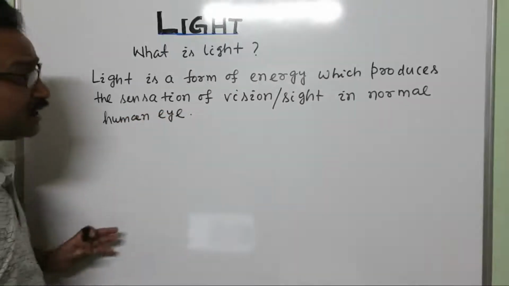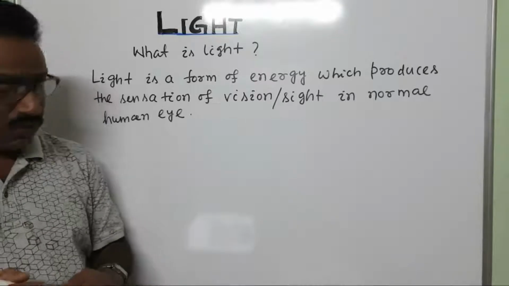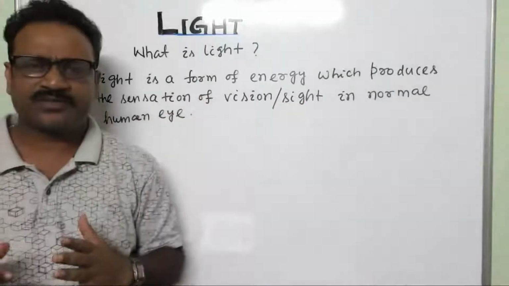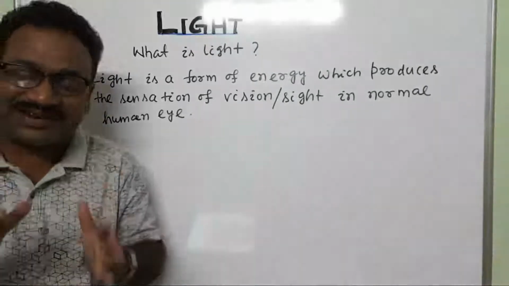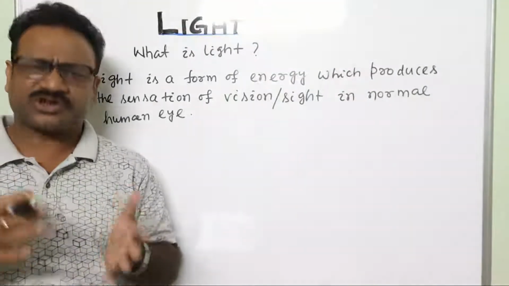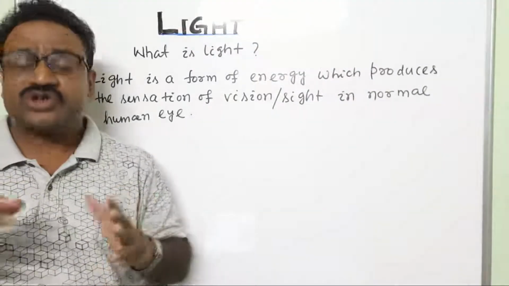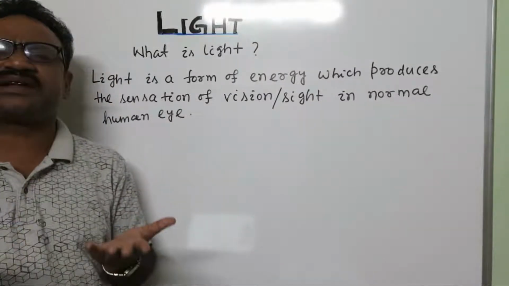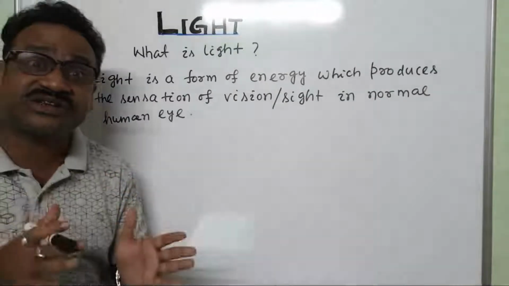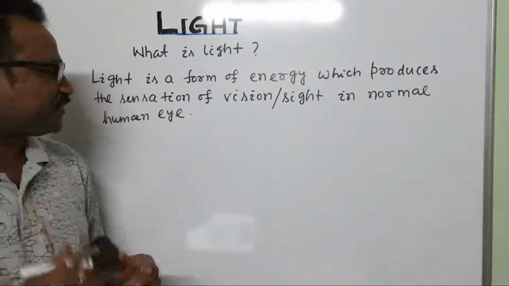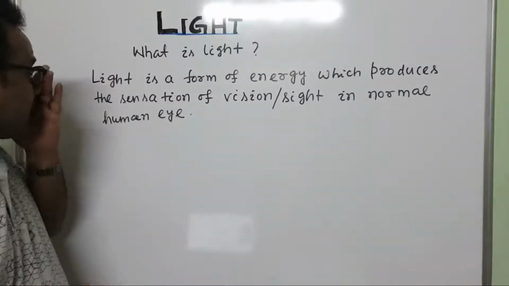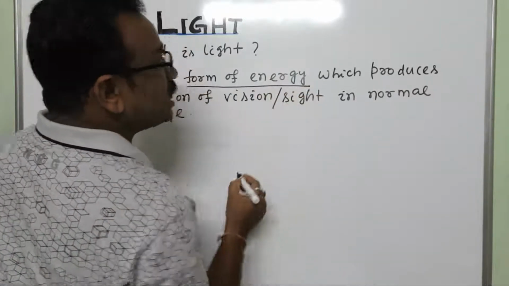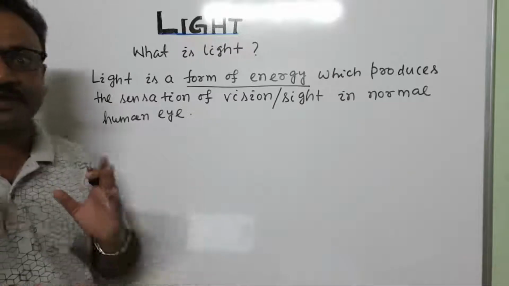Why are we writing normal human eye? Because if someone is blind, then he or she cannot see anything. Then what is the significance of light for his or her life? So, light is a form of energy which produces the sensation of vision, sight.